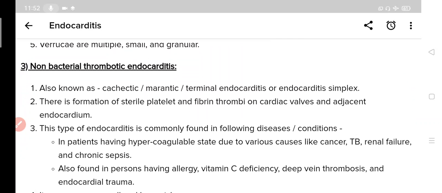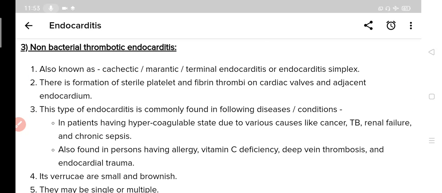Now, we will look at the third type, that is non-bacterial thrombotic endocarditis. It is also known as cachectic marantic terminal endocarditis or endocarditis simplex. Why it is called so, we will look a little further. So, there is formation of sterile platelet and fibrin thrombi on cardiac walls and adjacent endocardium.